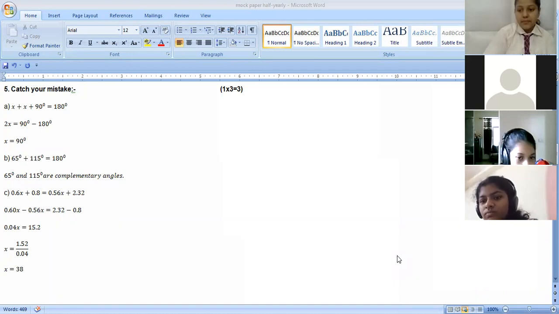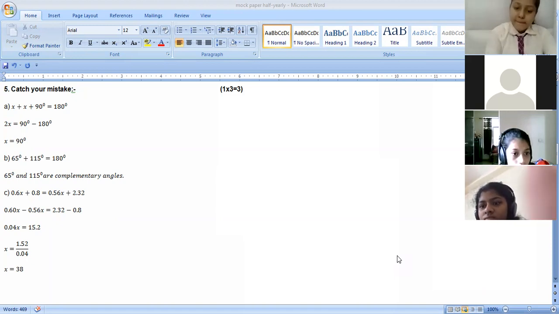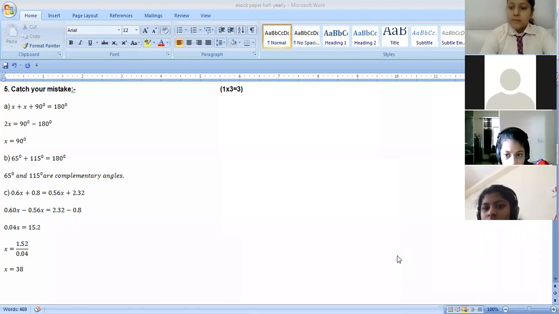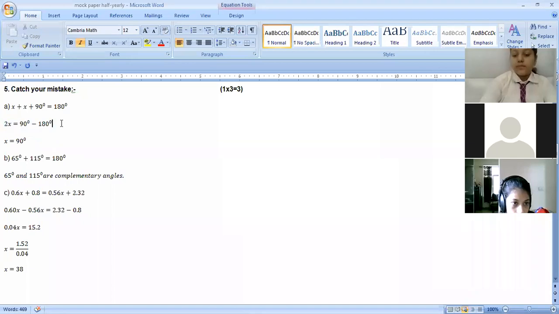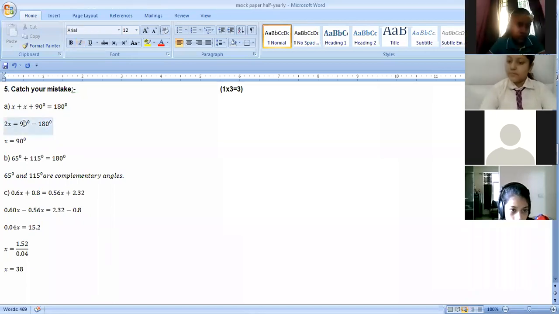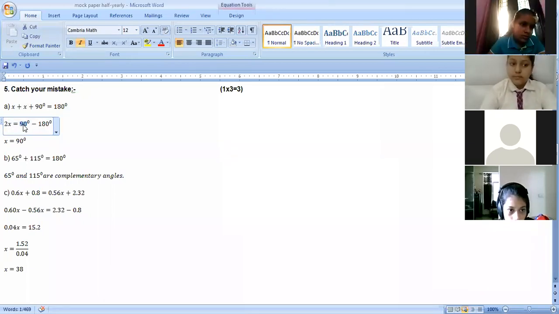Kavya Thakur, right. Vansh Sharma, no. Mukul Jain, now you are right. Here, the mistake is 90 minus 180. This is your mistake. This part is your mistake.